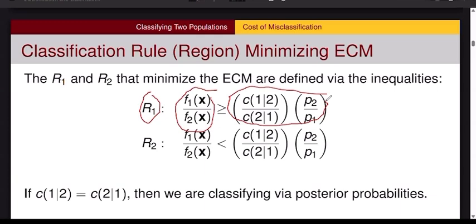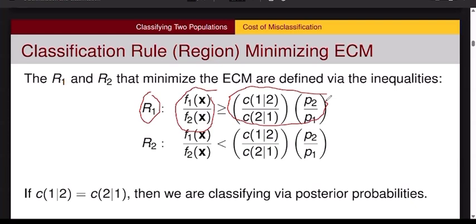When you take a look at that, what are we using there? The probability we're using is only the prior. What is acting like a critical region does not have the predictor, but the test statistic, which is the ratio of the probability density functions for the two groups, is the one that is actually conditioned on the predictor.